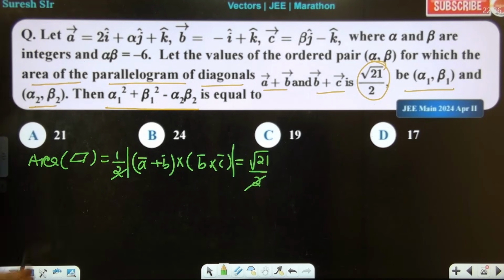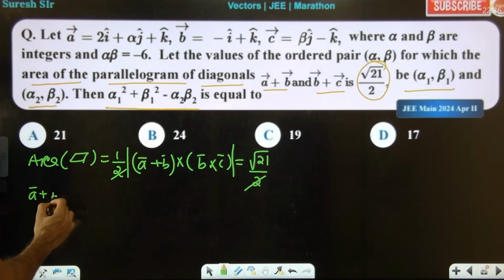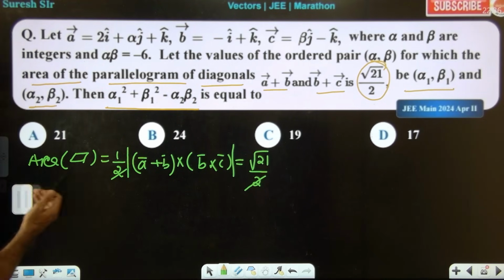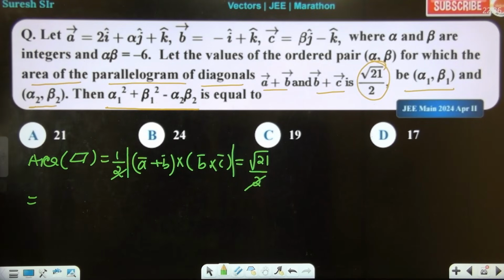I will do one thing. Firstly, let me go with A plus B. What is A plus B, sir? A vector plus B vector. Firstly, I will do one thing. Let us just multiply with A vector. What am I going to get?